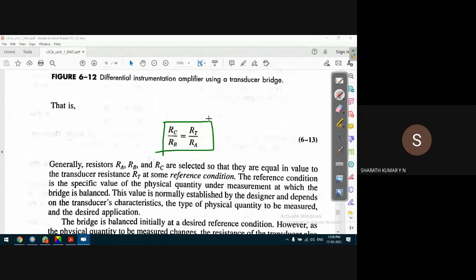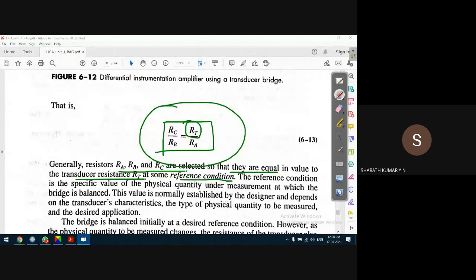The change in resistance of the transducer will result in a generation of voltage that is going to be measured by the instrumentation amplifier. RA, RB, RC are selected so that they are equal in value to the transducer resistance at some reference condition, which is the balance condition.